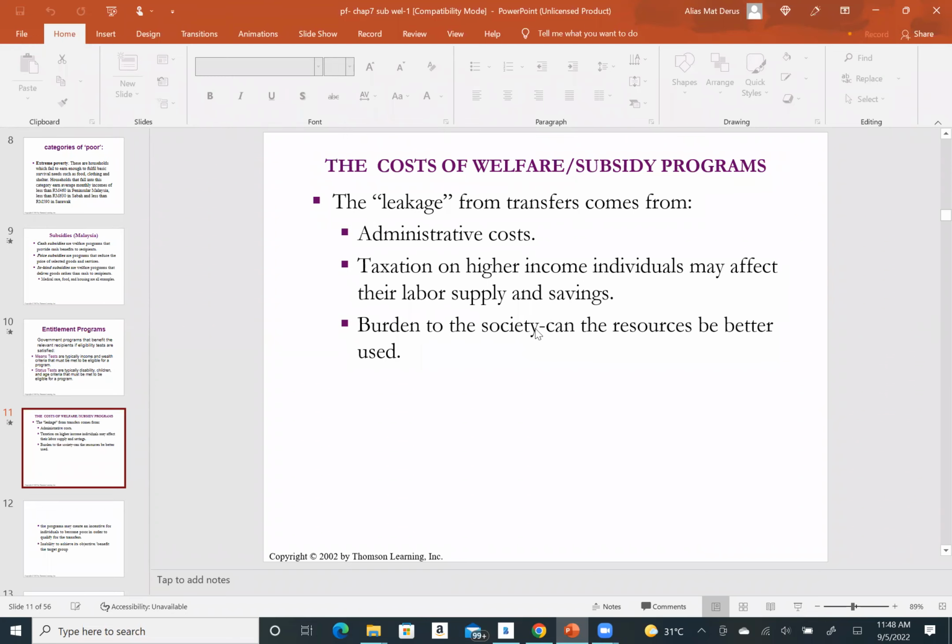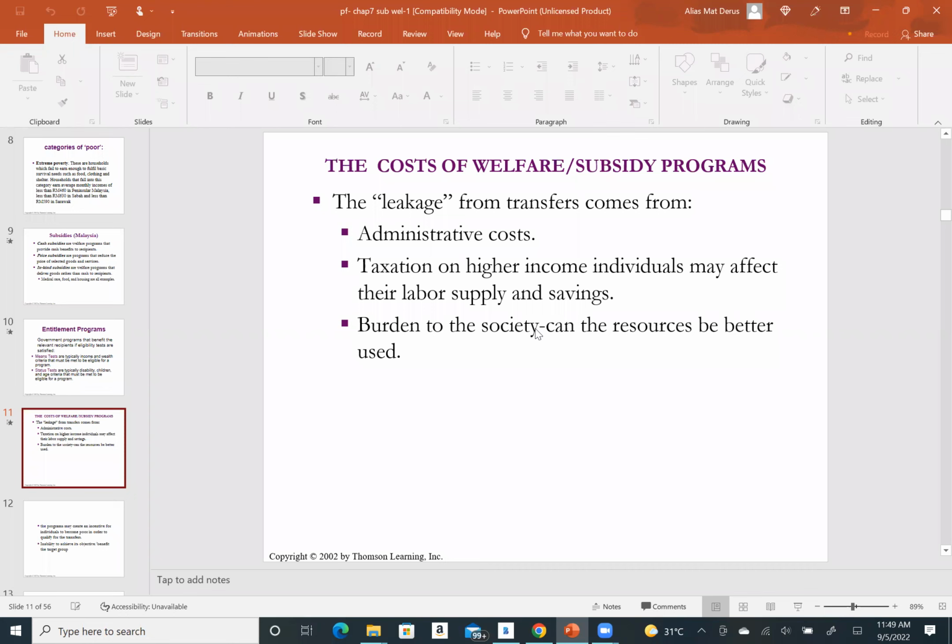That resource can also be used elsewhere. This is like opportunity cost. The best way to think about it is to relate back to the cost to the taxpayers. The cost to the taxpayers is government revenue, and that money can be used for other purposes.